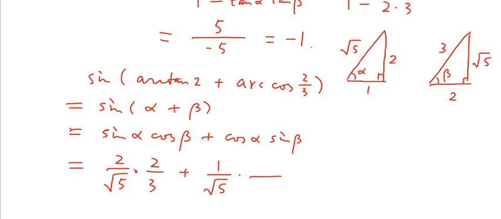What is sine beta? Sine beta is radical 5 over 3, right? Okay, so we can add them up. The denominator is just 3 radical 5. So here, 2 times 2 in the numerator, 2 times 2 is 4, plus radical 5. Okay?